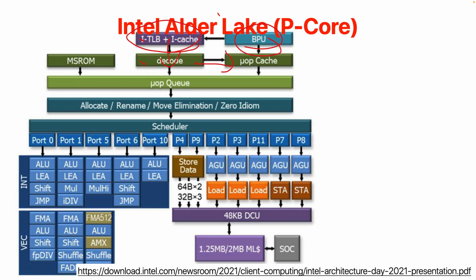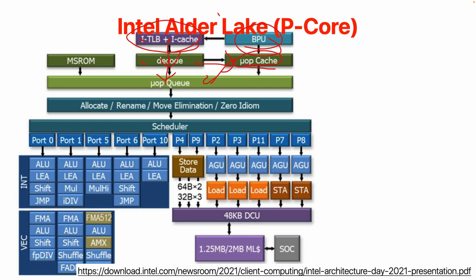So in Intel architecture, although it's externally a complex instruction set architecture, internally they will map each CISC instruction into RISC-like micro ops. And once it's translated, it will be put into this micro op cache. And when the time we want to execute an instruction, we will put this instruction into this micro op queue.